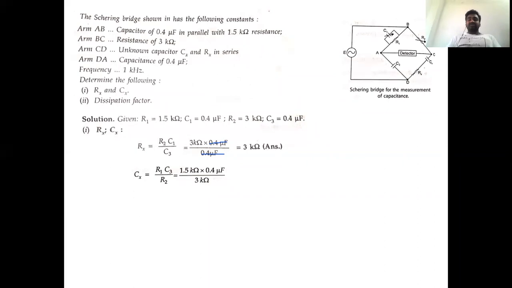So what is the answer of the unknown capacitance? Just let me know in the chat box. Post your answer in the chat.